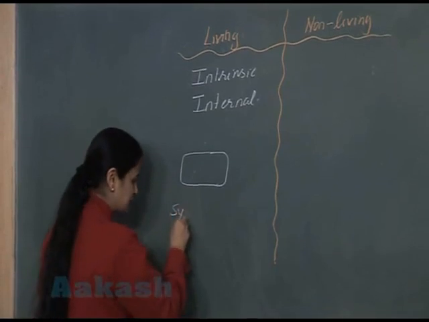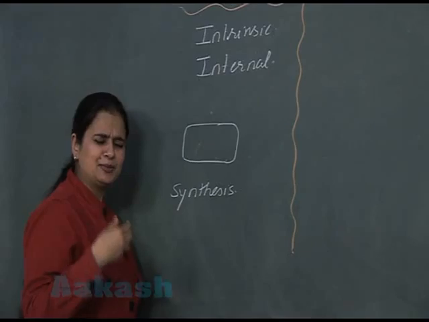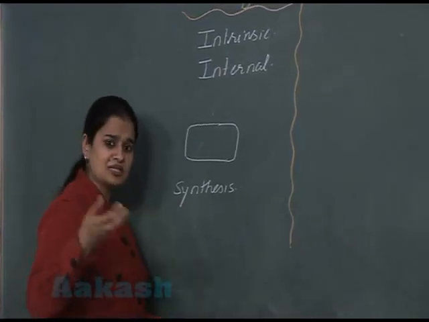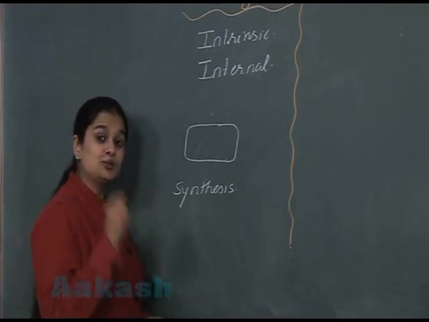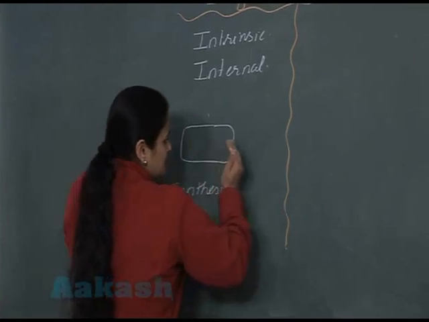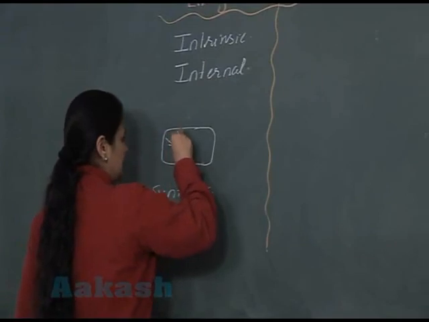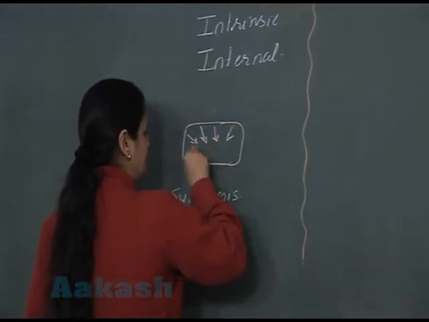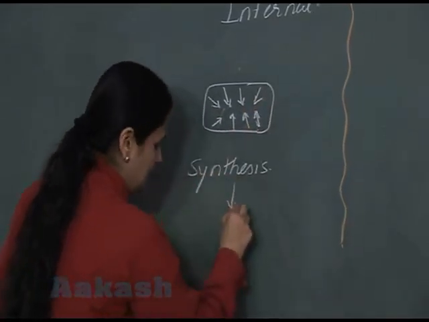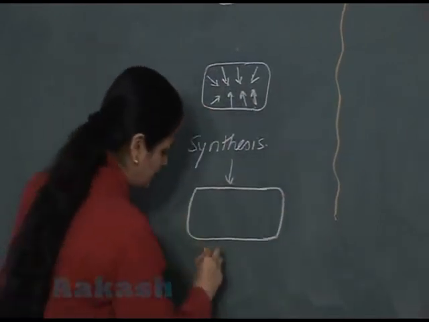There will be synthesis of protoplasmic substances like protein, carbohydrate, fats. Due to the synthesis of these compounds, the cell size is going to increase. Cell mass, cell size is going to increase.